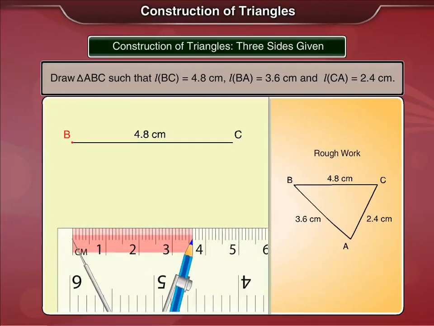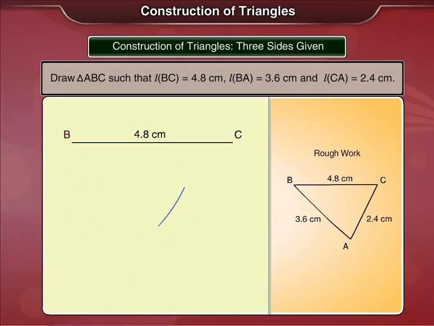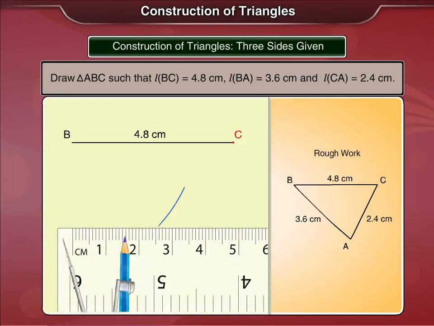Name the point of intersection as A. Join points B and A. Also join points C and A. Thus, we get the required triangle ABC.